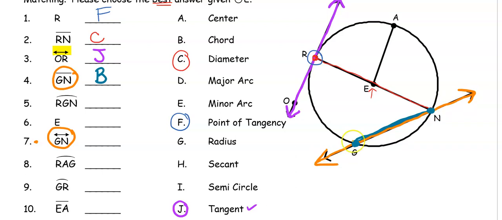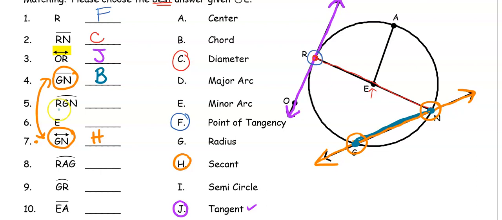If it's a segment, it's going to be your chord, but when I have a line, my line is cutting through my circle in two different spots, which is going to be making that a secant. So you want to make sure that you're really paying attention to the difference of those, the formatting of what you're given, because there is a difference between a segment and a line. Using the same two letters, it can make a big difference.